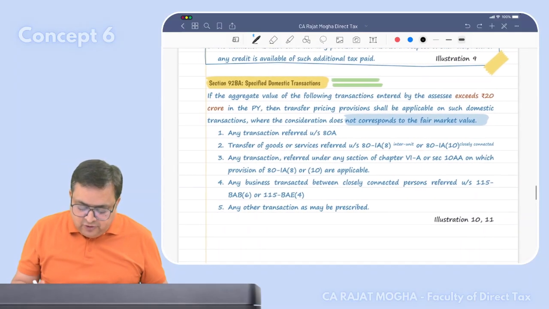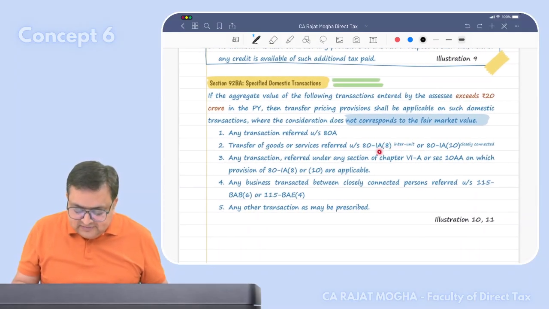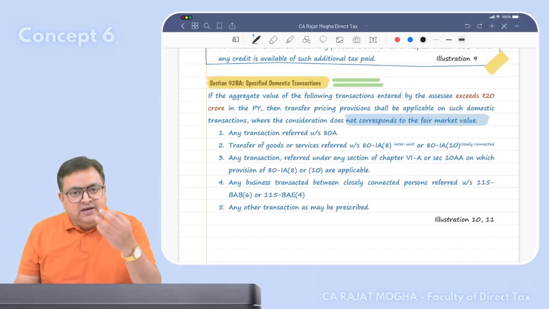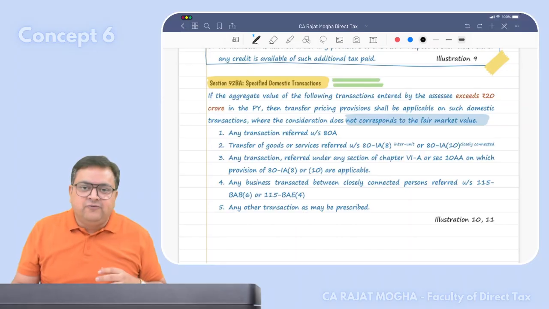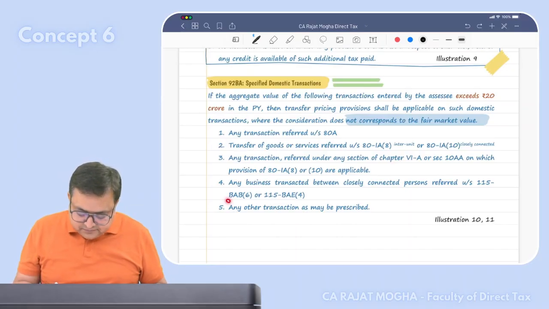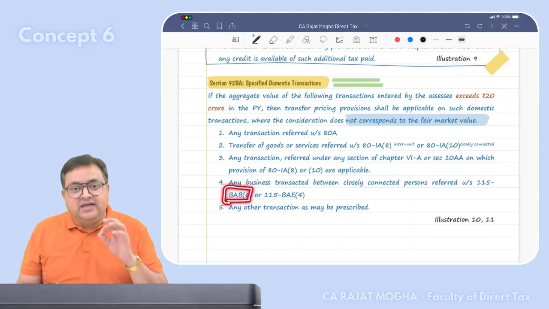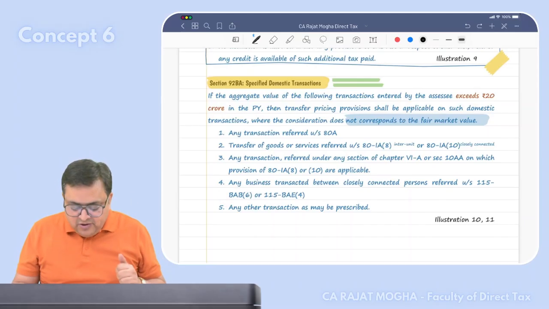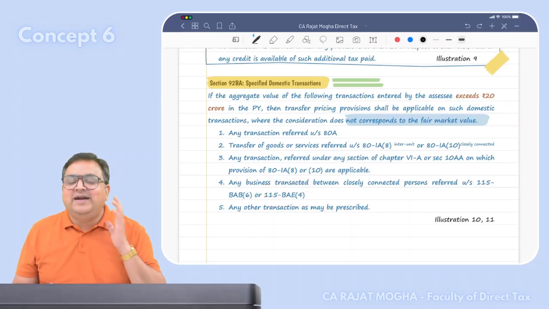And not only 80 IA, all these similar transactions where the assessee is taking deductions under 10 AA or any other section of Chapter 6, 80 IA, IB, IC, etc. Or where one of the assessees is taking the advantage of 115 BAB, companies 15%, or 115 BAE, cooperative society 15%.